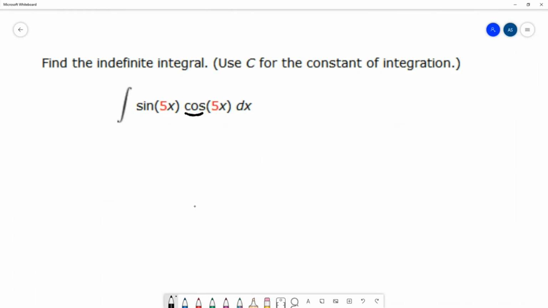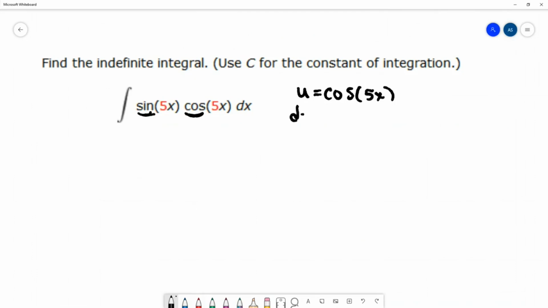So I know that the derivative of cosine is negative sine. So that might work with my substitution. So let's choose u equal to cosine of 5x.